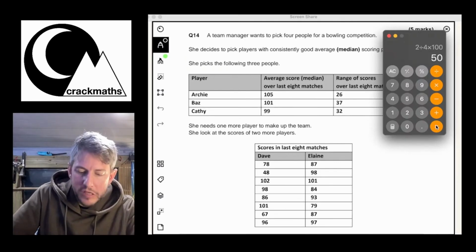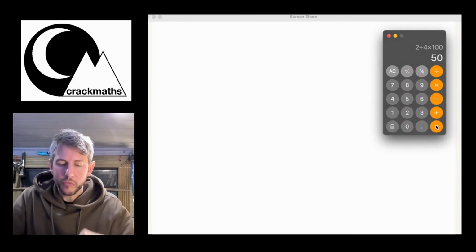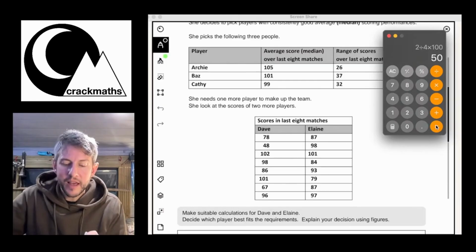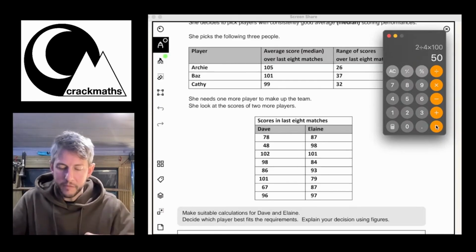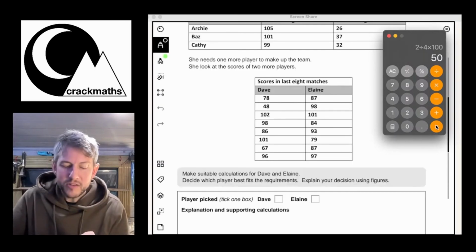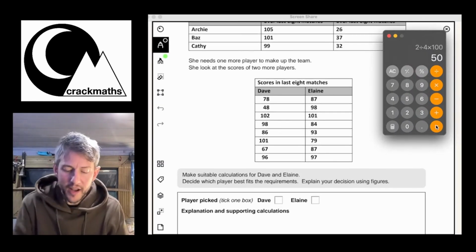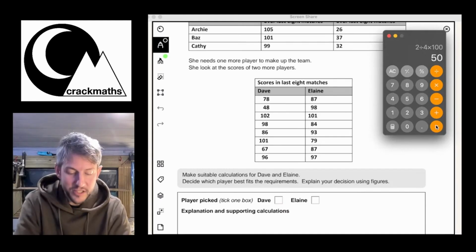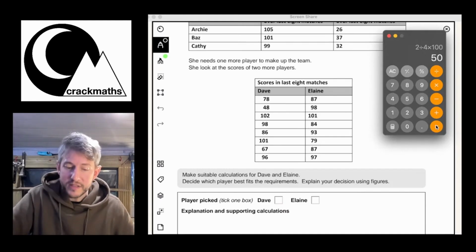Their median on the last 8 matches is given here, and their range is given here. She needs 1 more player to make up the team. She looks at the scores of 2 more players, Dave and Elaine. Make suitable calculations for Dave and Elaine and decide which player best fits the requirements. Explain your decision using your figures.